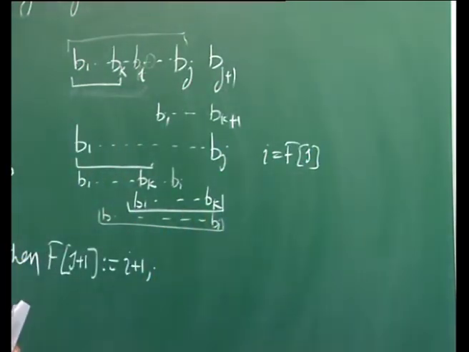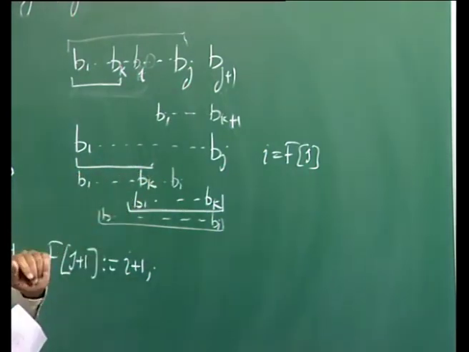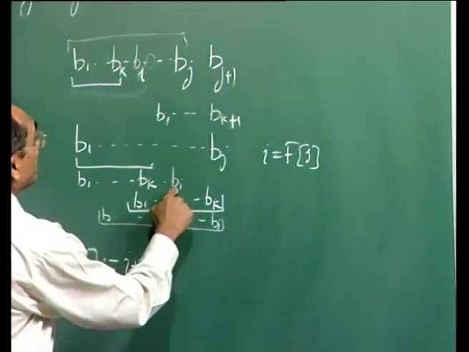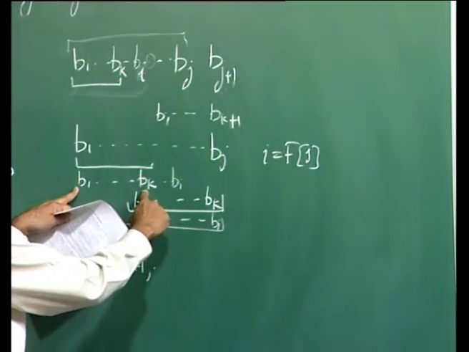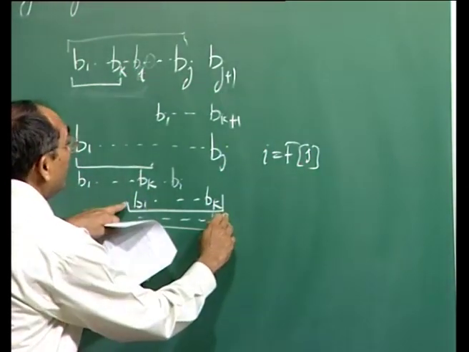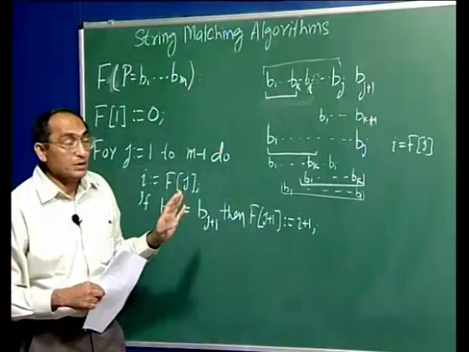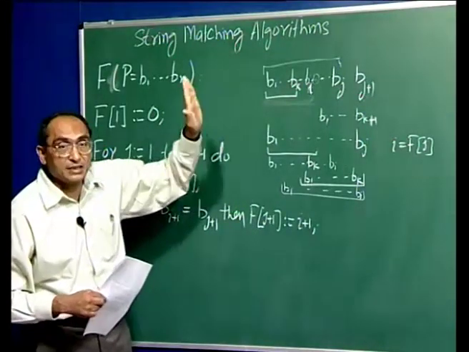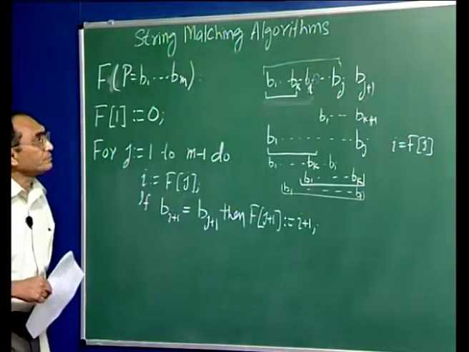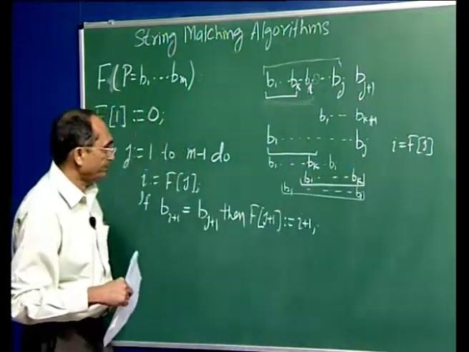What we notice is that this B1 through Bk is also initial and terminal substring of B1 through Bi. Notice that this is B1 through Bi and B1 through Bk is an initial substring, and B1 through Bk is its terminal substring. So, whatever we will be searching would also be initial and terminal substring of B1 through Bi.